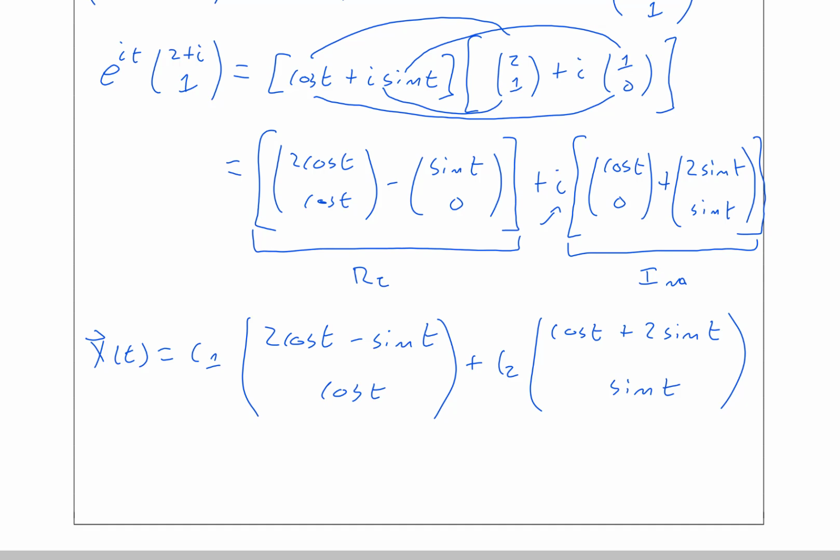So that is the general solution to this differential equation. And again, I just want to point out something that can get tricky or confusing. The imaginary part is just the thing that is multiplying by i. It does not include i. Anyway, this is the solution for this problem.